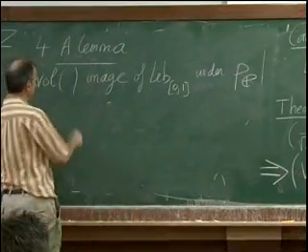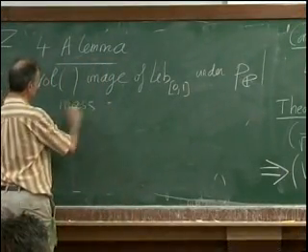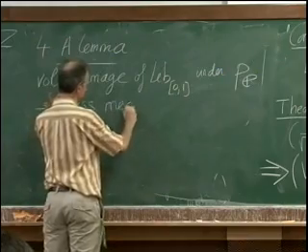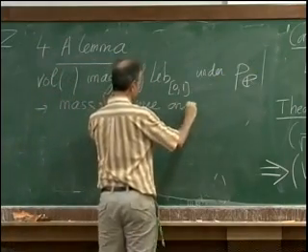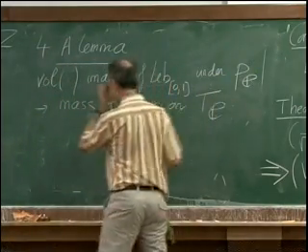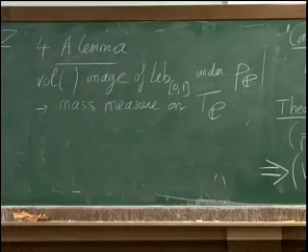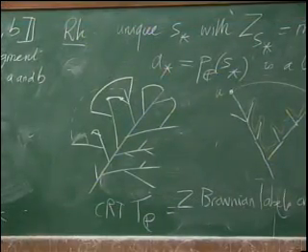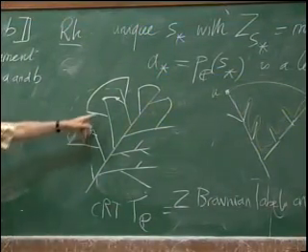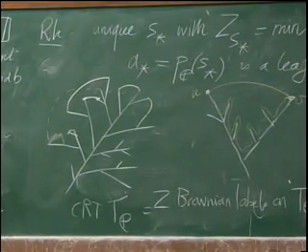It's a measure which is sometimes called the mass measure on the CRT. That is a canonical way of constructing a measure on the CRT. And one can prove, for instance, that this measure is supported on leaves of the CRT. It's not difficult to prove, in fact.